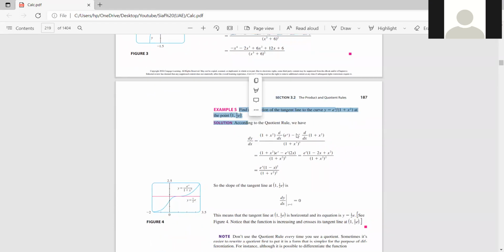That is, find the equation of a tangent line to the curve. The curve is y equals e^x over 1 plus x square, at the point 1 comma half e.